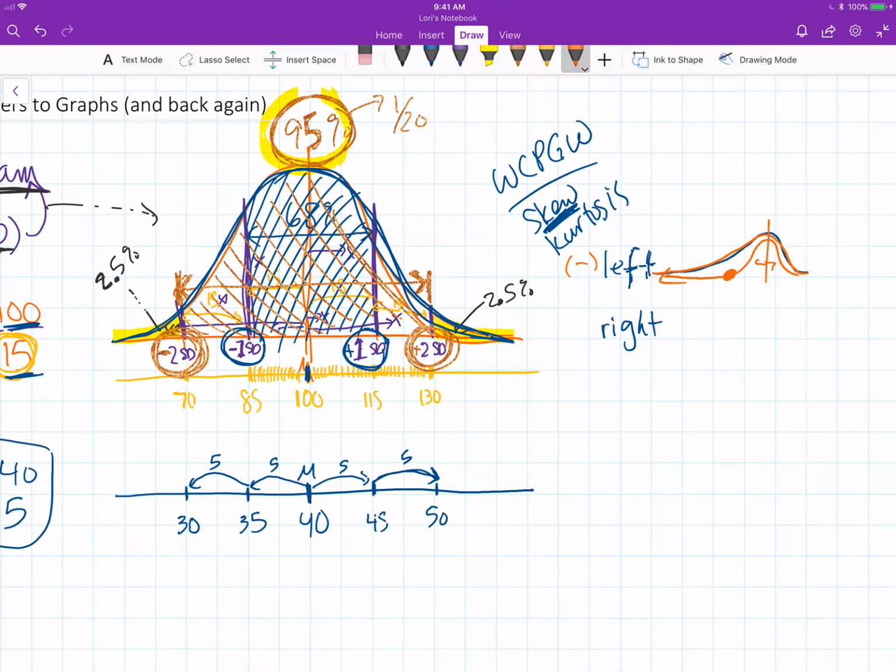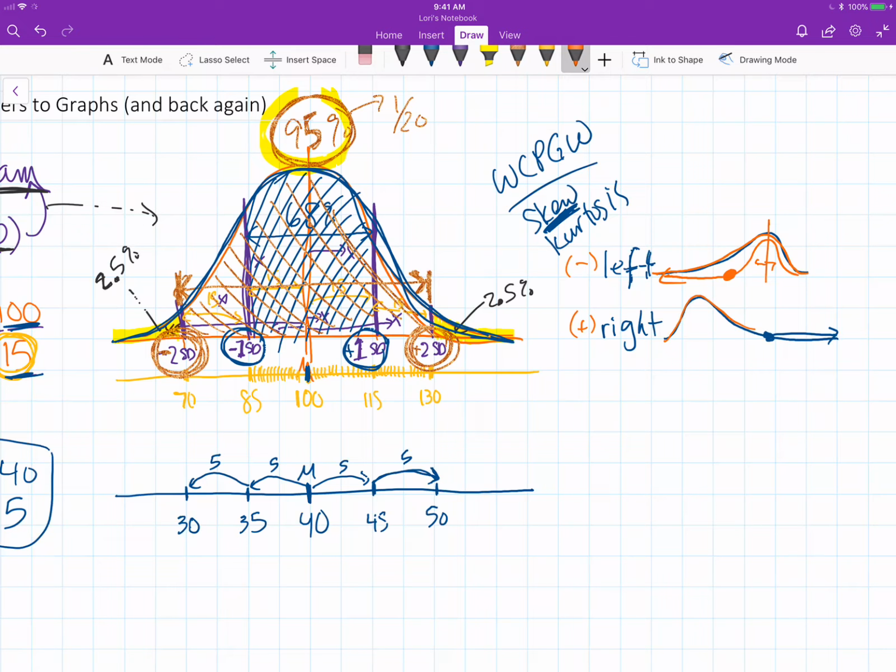And then similarly, we could draw right skew where we end up with a long tail off to the right. In other words, I grabbed onto this tail over here and I pulled it over to the right. Right skew is also called positive skew. And the reason that's a problem is because now my mean is no longer in the middle of the main part of the lump.